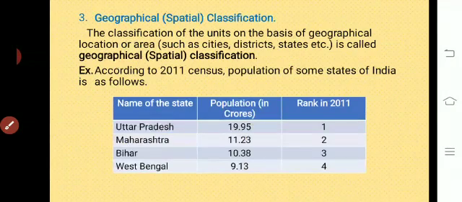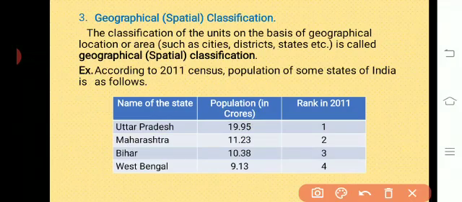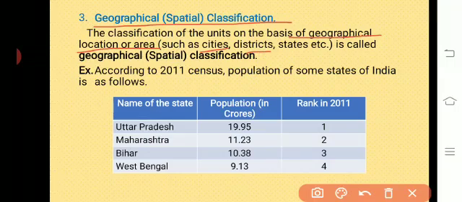Then the next type of classification is geographical or spatial classification. The classification of the units on the basis of geographical location or area such as cities, districts, states, etc. is called geographical or spatial classification.